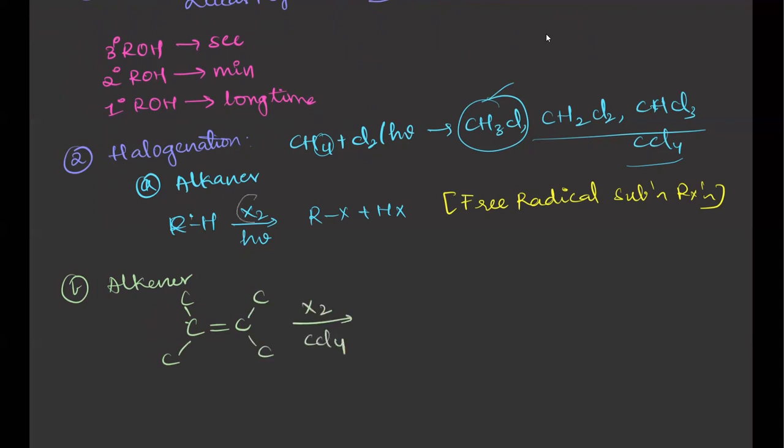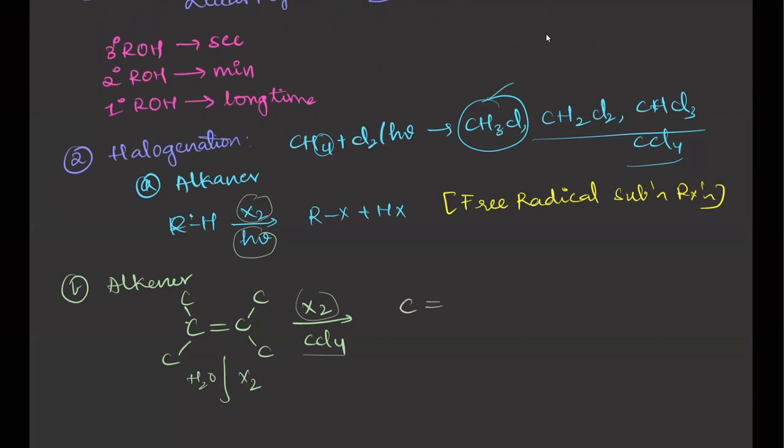Here we are going to use X2 as common, and let's write another reaction here, X2. But the medium in which it's happening is going to be different. Here, in alkenes, CCl4 is a polar aprotic solvent, and with a polar protic solvent, there are two different reactions.